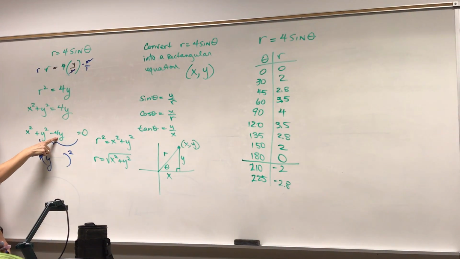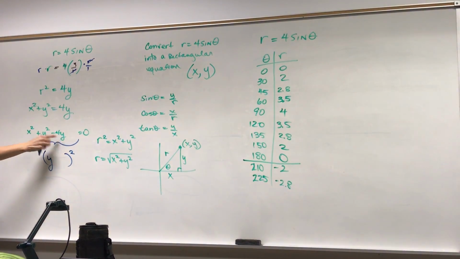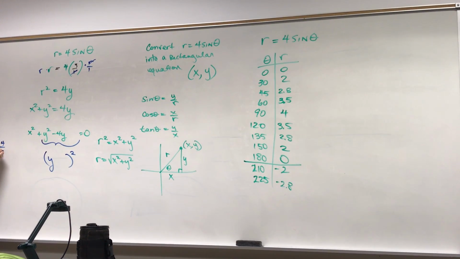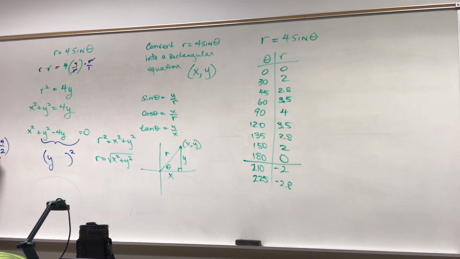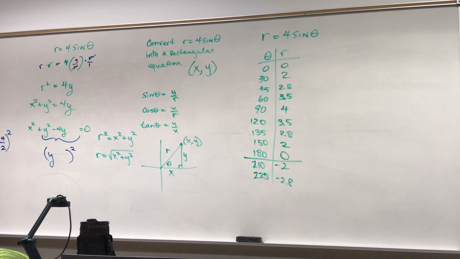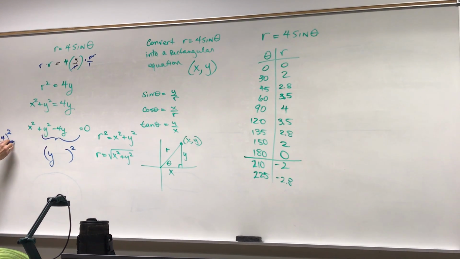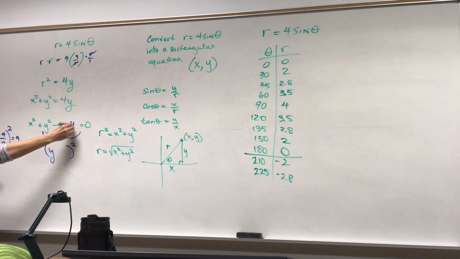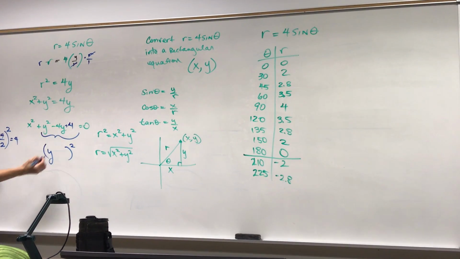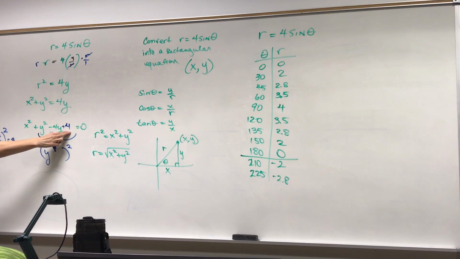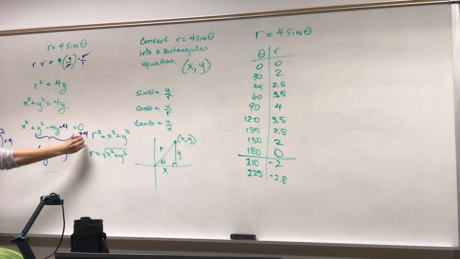Take the negative 4, divide it by 2 and square it. You get lots of practice with this in chapter 6. So we get 4. So I add 4. Am I allowed to just add 4 here? I have to add 4 to the other side.